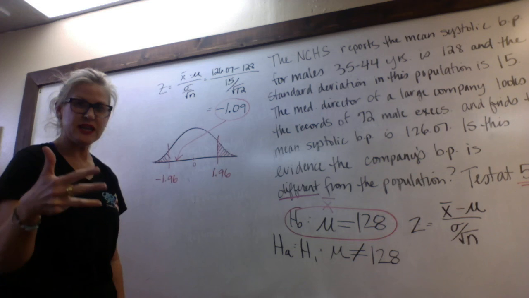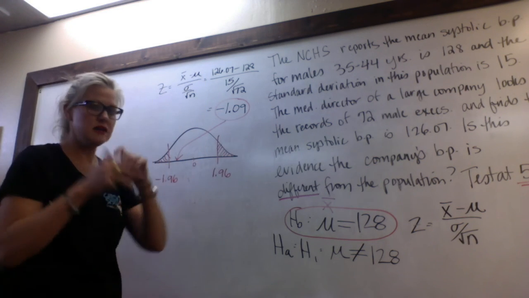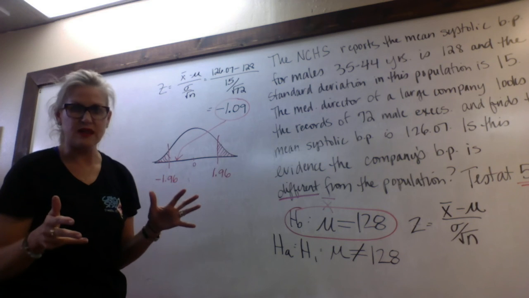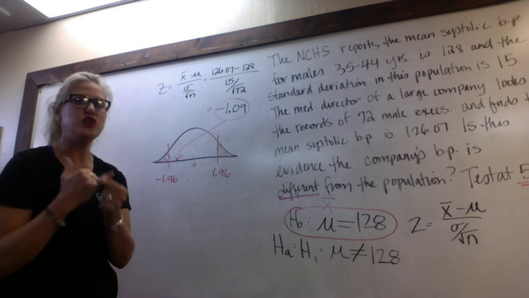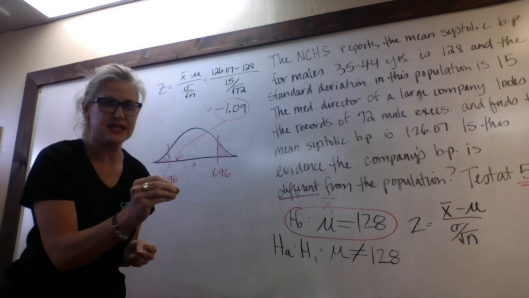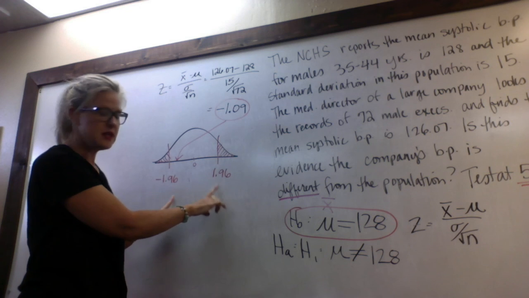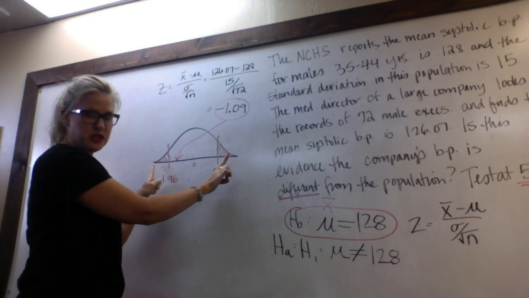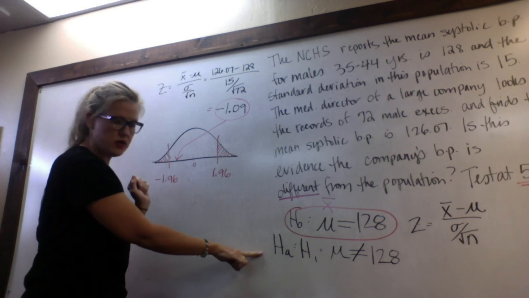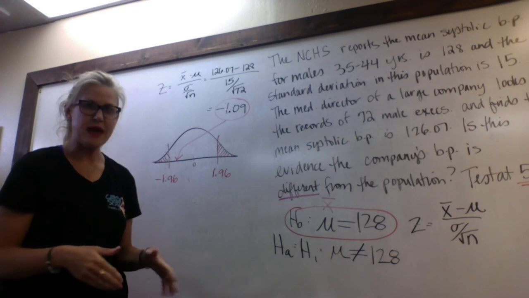Then calculate the value of your test statistic by hand, on a calculator, maybe it's given to you, and then you compare the test statistic calculated to the critical value or values and make your decision to reject or not reject. Then you state your conclusion, take a bow, walk away.